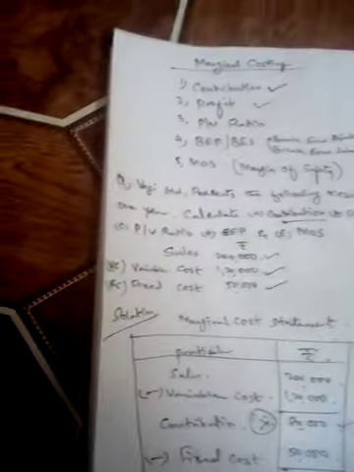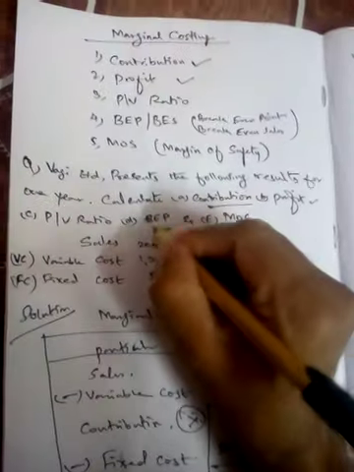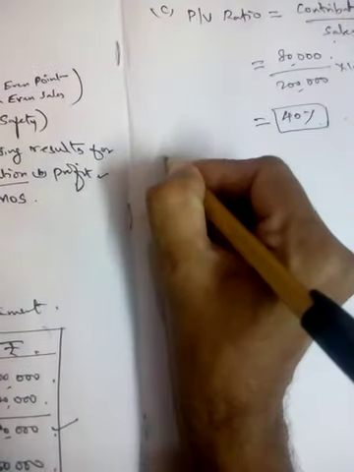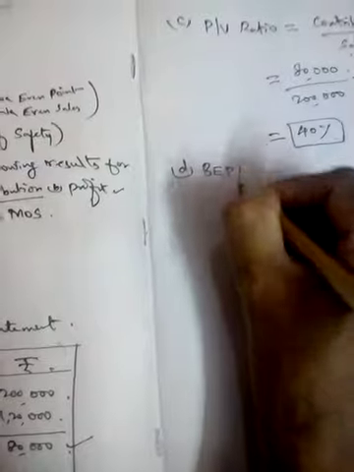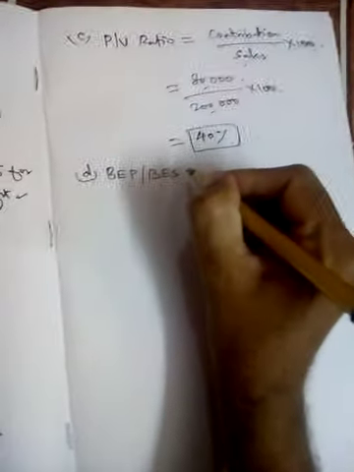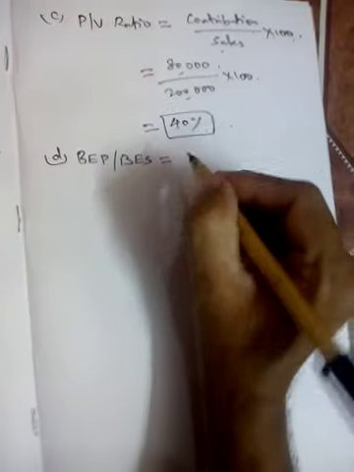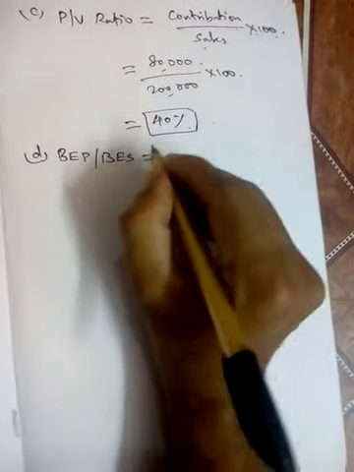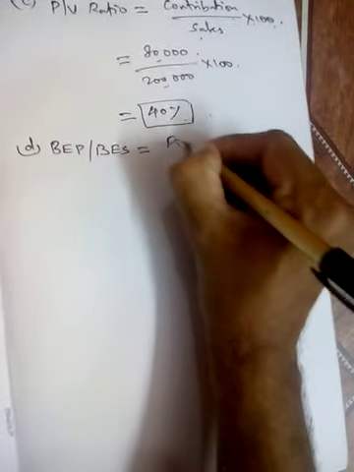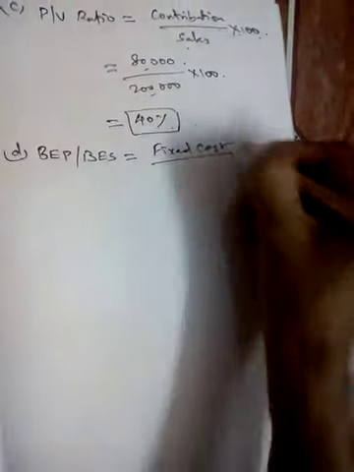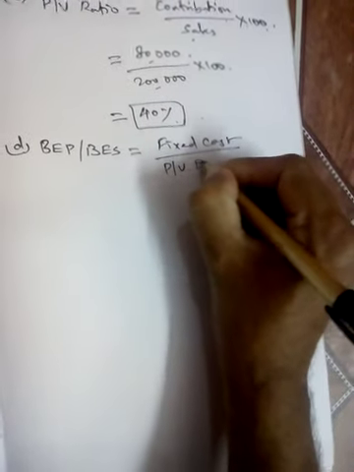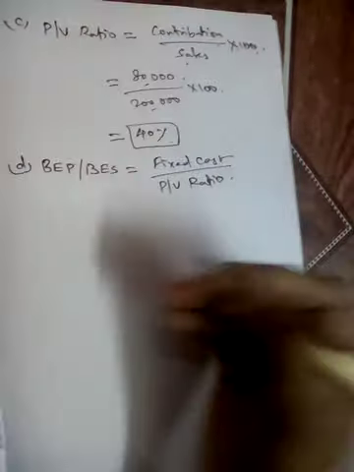So 40% is the PV ratio. Now we go through the fourth one, that is break even point or break even sales. For this also we have a certain formula, that is fixed cost divided by PV ratio.